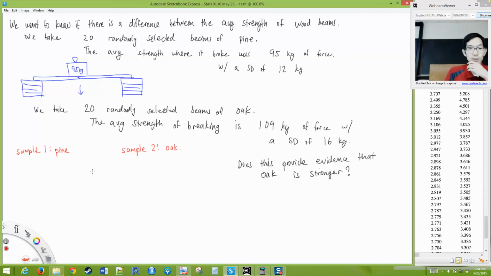So we have N1, X bar 1, and S1, and N2, X bar 2, and S2. In the interest of time, I'm just going to fill all of these in: 95, 12, 20, 109, 16.